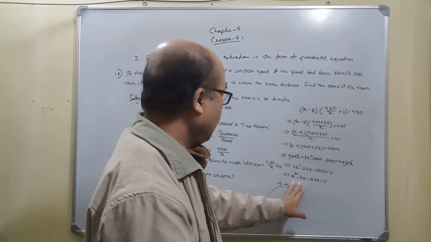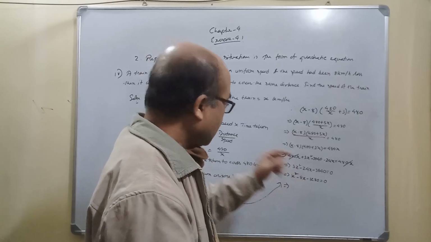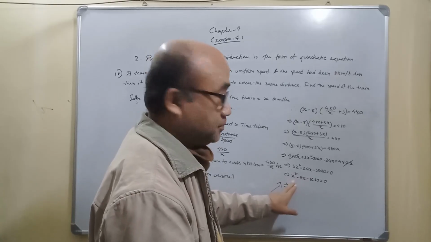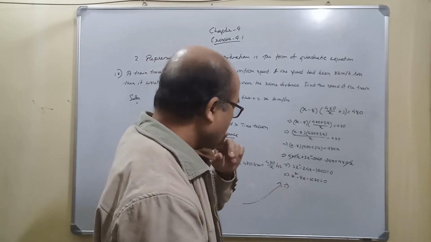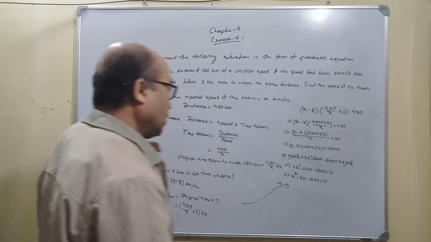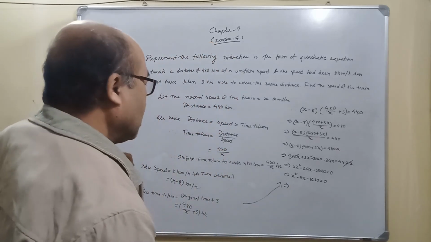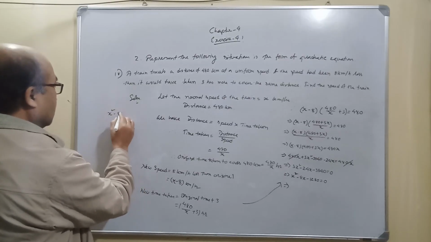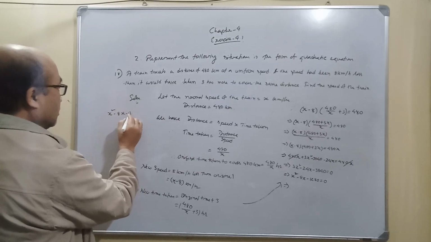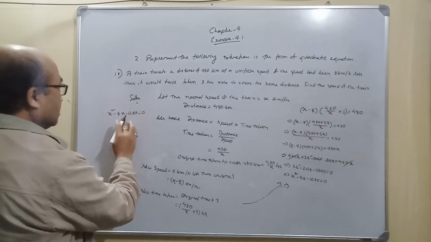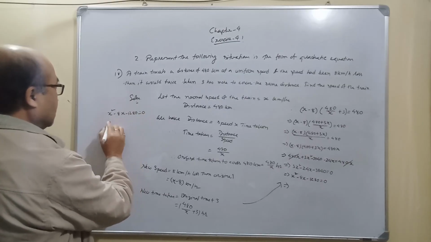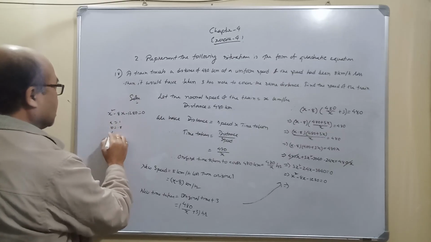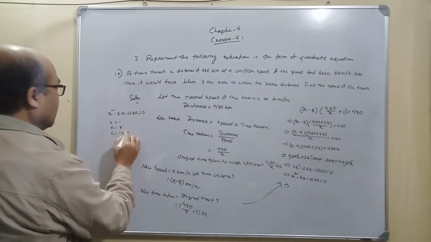Let us take the factorization method. We will solve it by factorization. So x square minus 8x minus 1280 equal to 0. That means a is 1, b is minus 8, c is minus 1280.